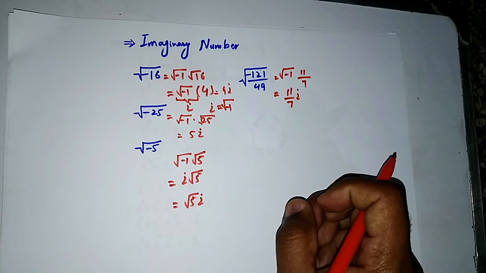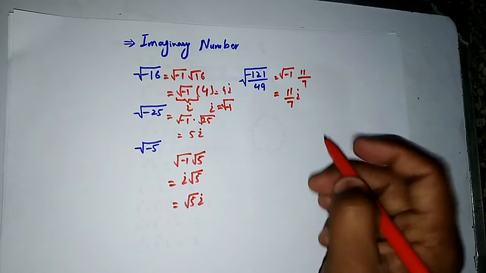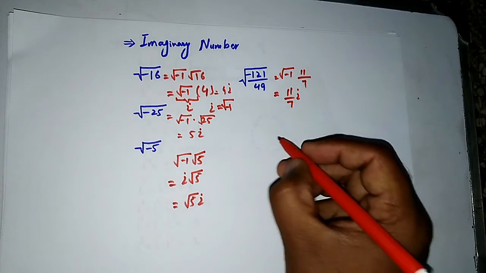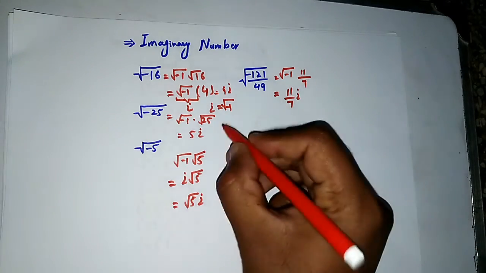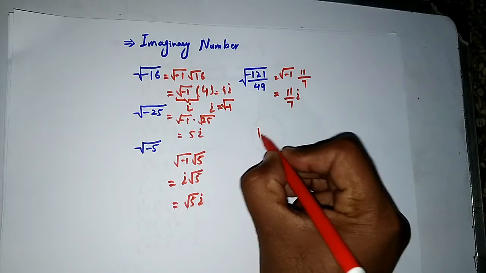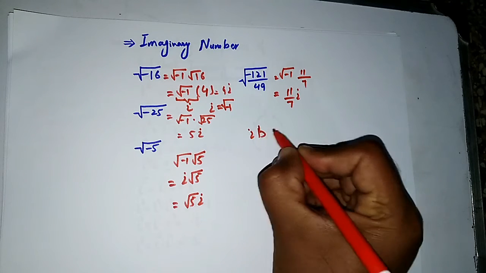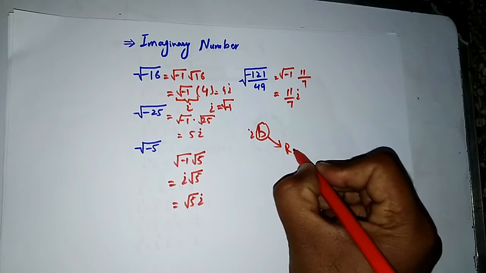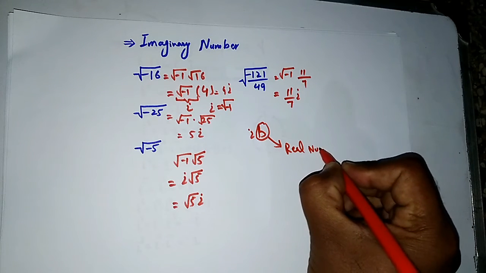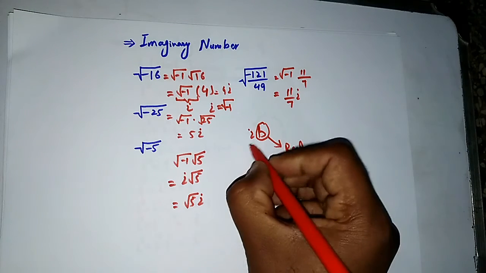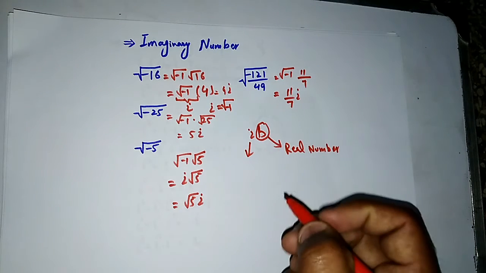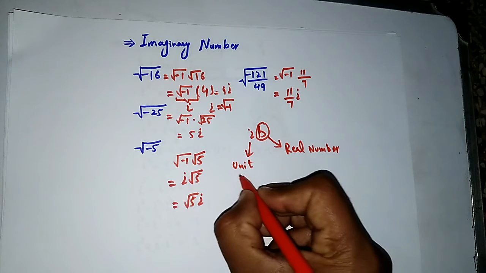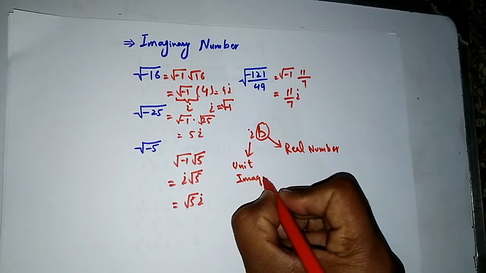So finally, we found that any number in the form of iota is called an imaginary number. We can write all these numbers in the form of b iota, where b is a real number and this is iota, or we can call it the unit imaginary number.